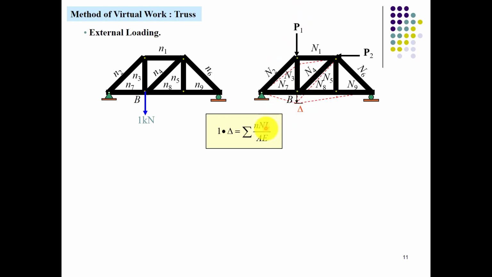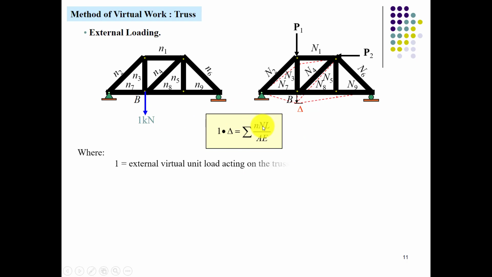L is basically the length of each element that you are calculating, then summing up all the effects of internal and external applied loading and multiplying with the whole length. You can calculate the amount of deflection at point B by applying this formula.